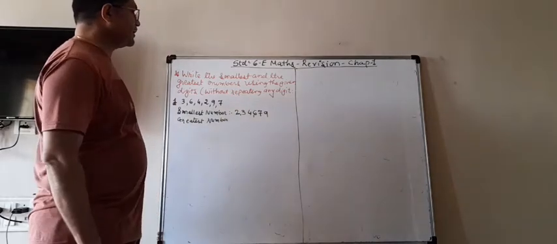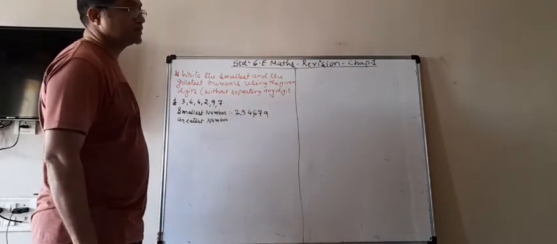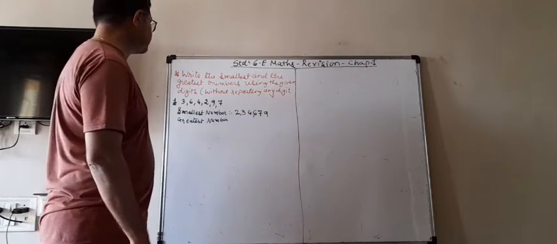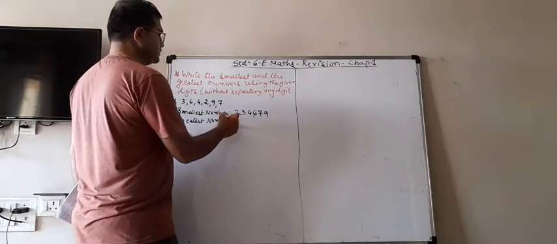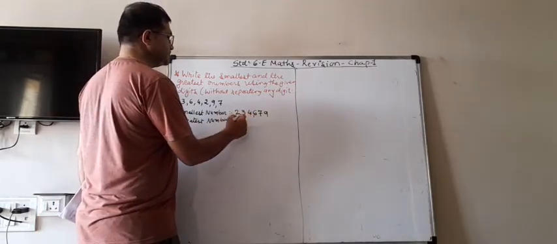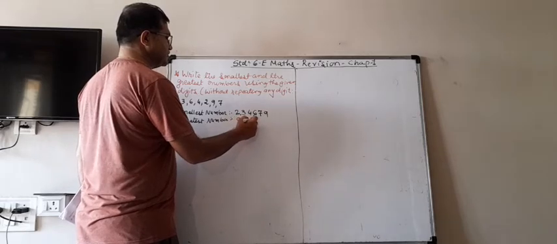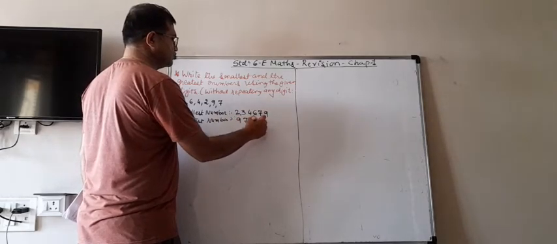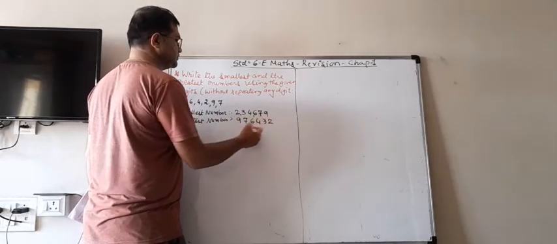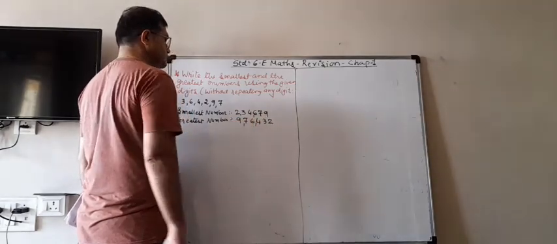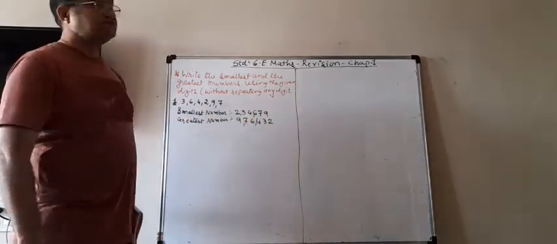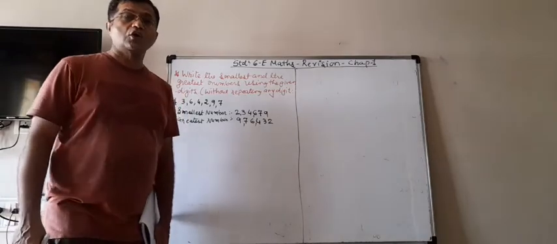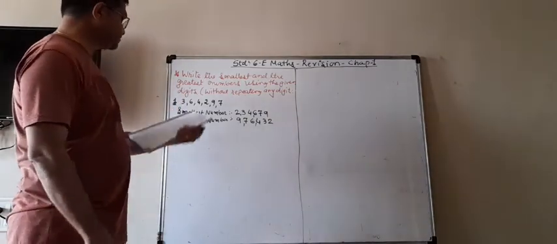So the number is 2,34,679. The greatest number will be the reverse, 9, 7, 6, 4, 3, 2, which is 9,76,432.